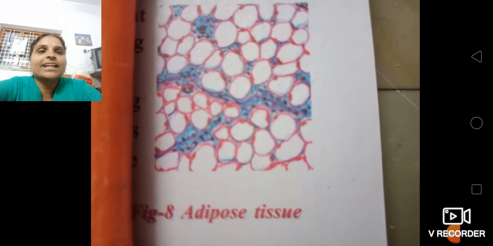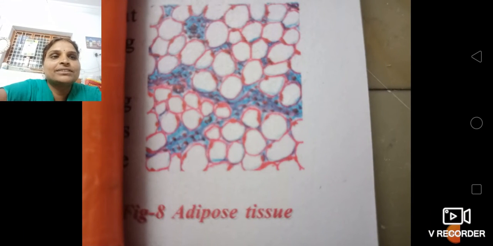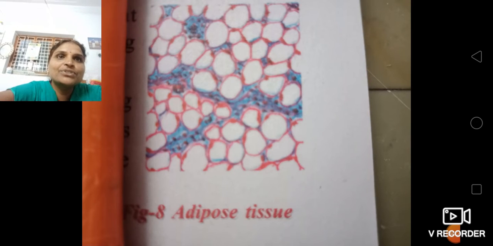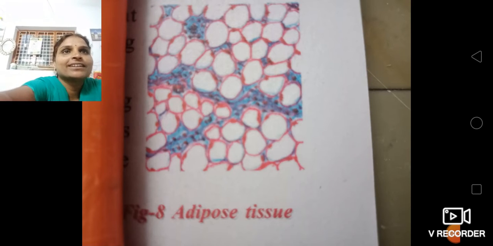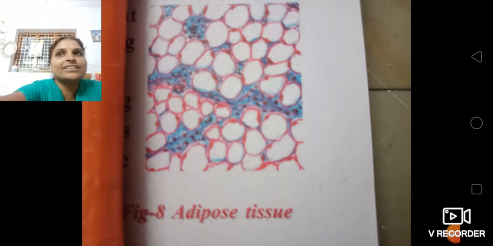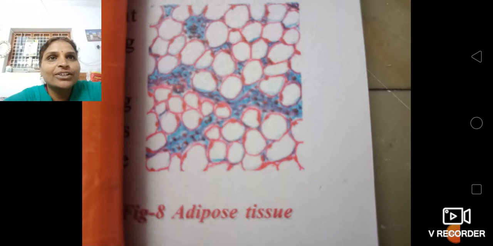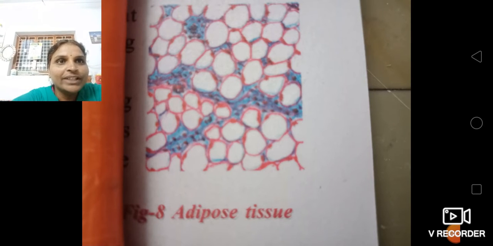The second one is the adipose tissue. What is the adipose tissue? Before that, I am asking some questions.